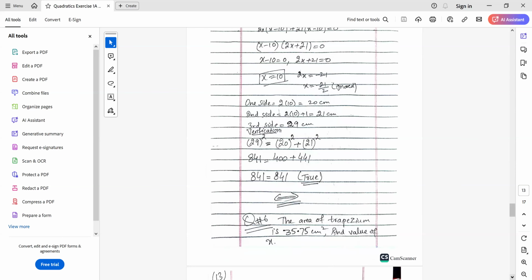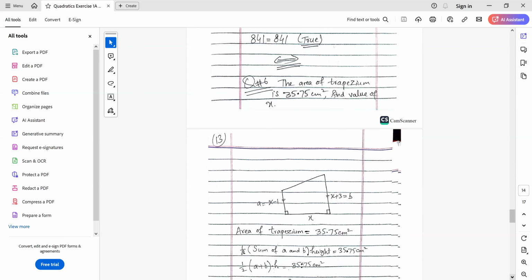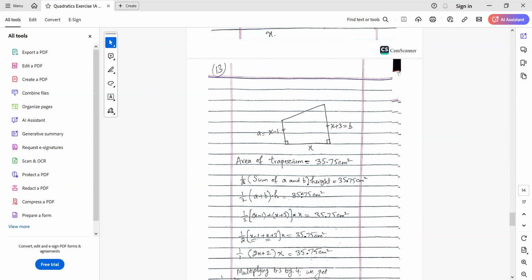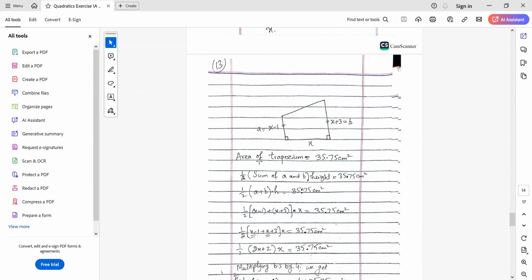And we have applied here the area of a trapezium. This is the given equation and given figure. What is the area of a trapezium? 1 by 2 sum of A and B, where A and B are the parallel sides of the trapezium.